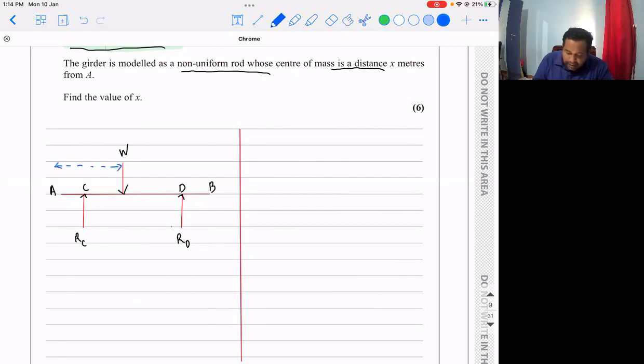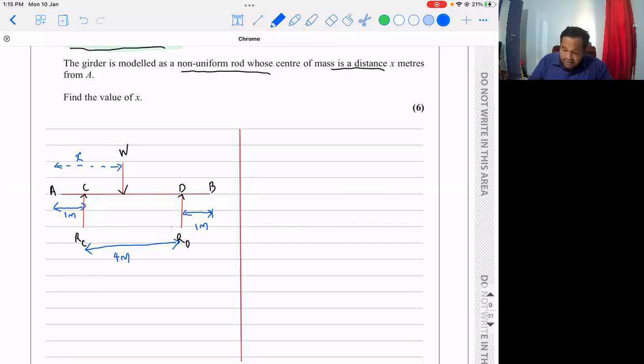The distance between W and A is x. This is 1 meter. Even this is also 1 meter because altogether 6 meter, right? So this has to be 4 meter, right? We marked all these distances.